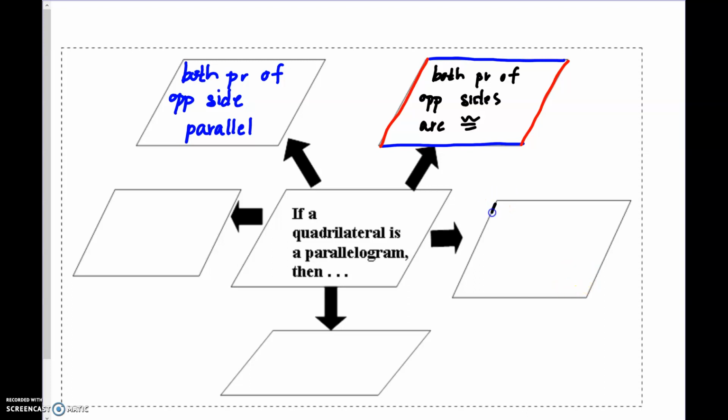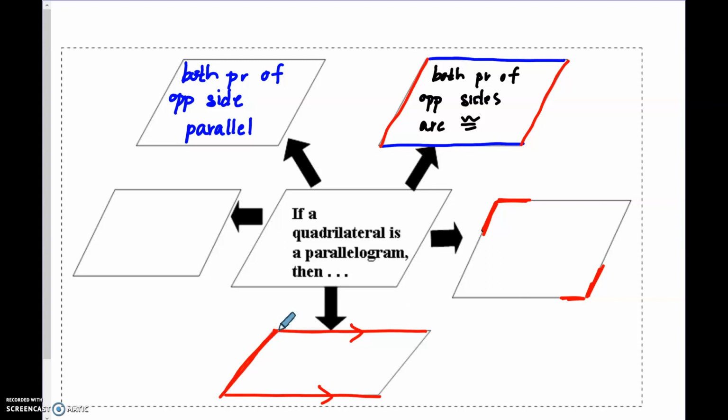All right, so now let's look at this next one here. If I could give you a protractor and have you measure this angle and this angle, what do you think is happening? Because this top side is parallel to this side, and this side is parallel to this side, and now this one is a transversal.